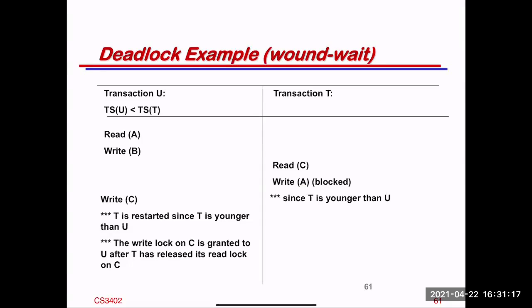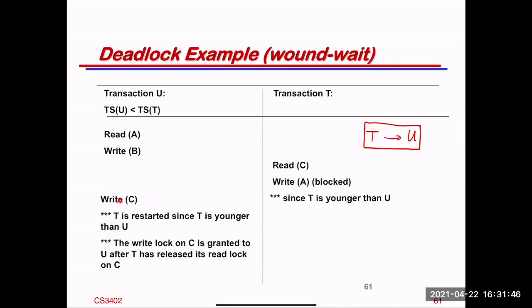So T is trying to acquire a lock that is held by U. And T is the younger transaction. So it is allowed to wait in the wound wait rule. So we're not being restarted here in transaction T.